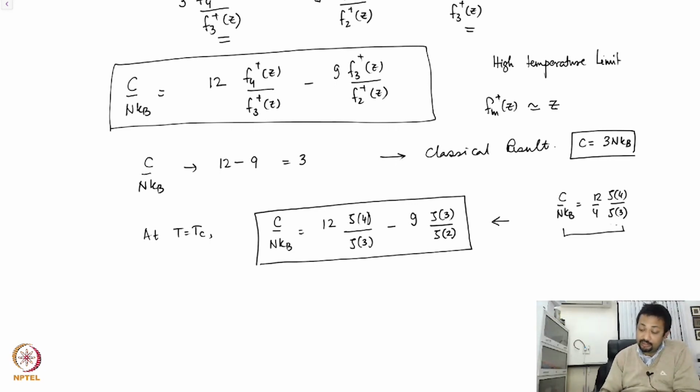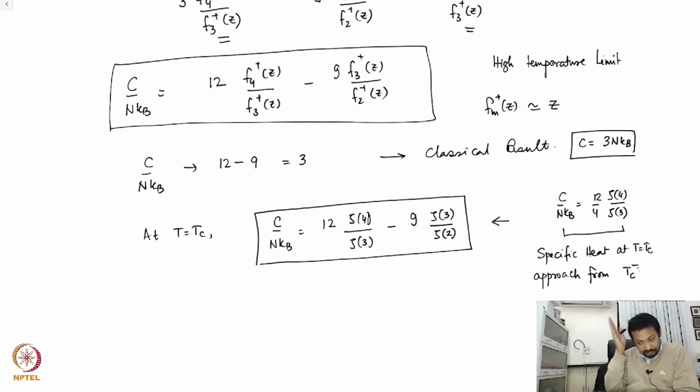This is the result of the specific heat at Tc approaching from Tc minus. So you are approaching the critical temperature from below, and once you do that, this is the result that you get.